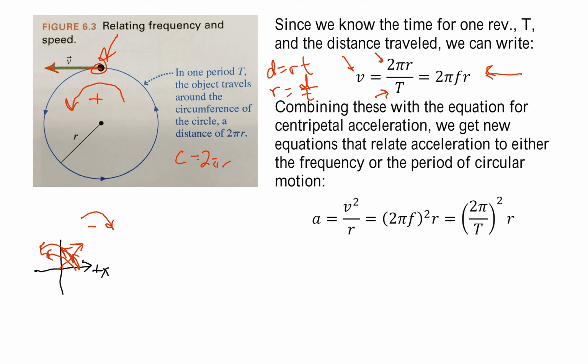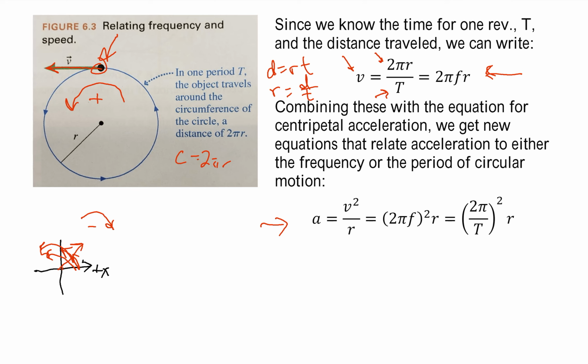Now, if we combine these formulas with the equation for centripetal acceleration that we saw earlier, acceleration equals v squared over r, right here, then we get new equations that relate the acceleration to either the frequency or the period for circular motion. And this will give us now three formulas to find the acceleration. We have acceleration equals v squared over r, like we knew already.